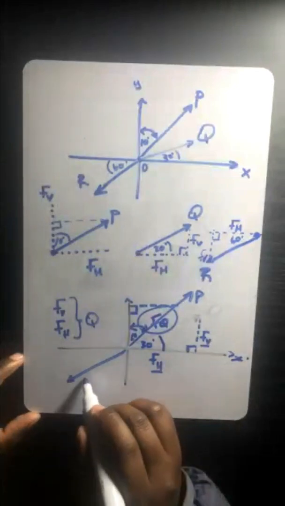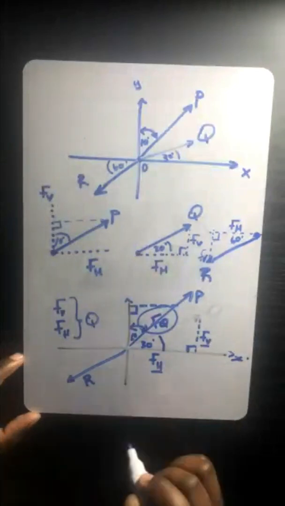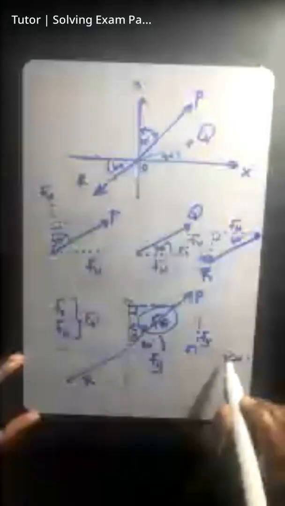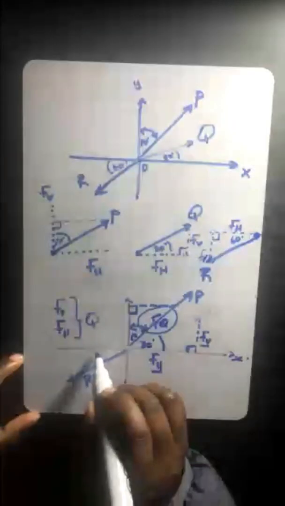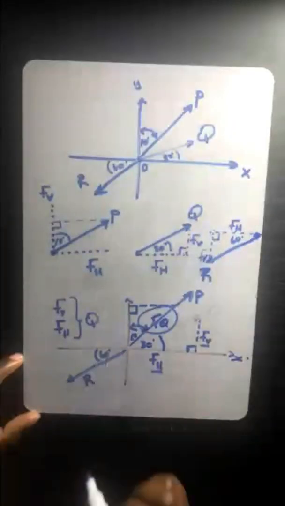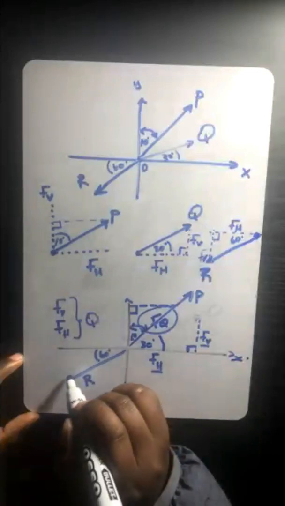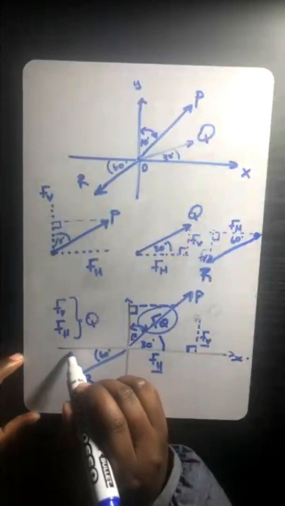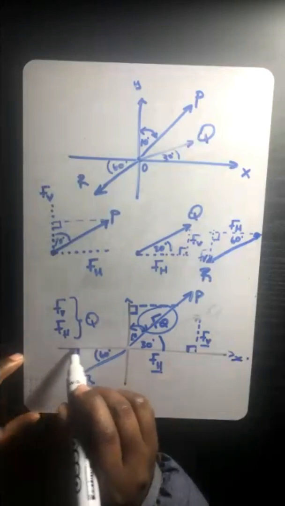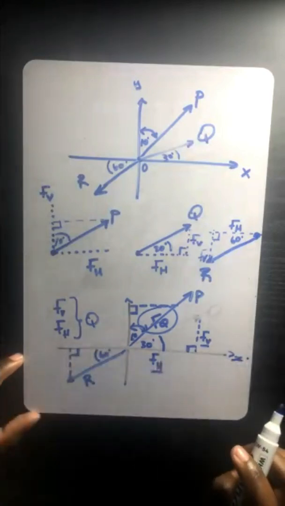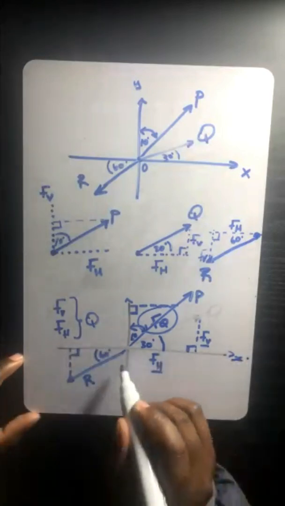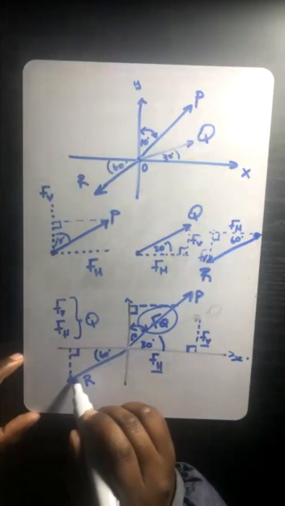So this is the force R. Can you see they used this line of the x-axis to measure the angle to be 60 degrees. Therefore, our 90-degree angle is going to be right along that line of the x-axis, which means this force is the hypotenuse.